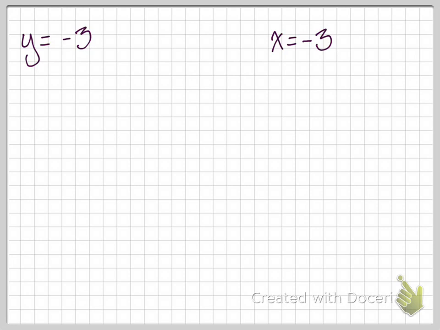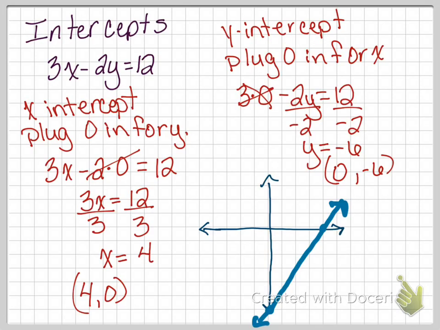Yes, ma'am? So for the answer for the intercepts, is it just (4, 0) and (0, -6)? If you were asked to graph it using the intercepts, then the graph would be your answer. If you are asked what your intercepts are, (4, 0) is acceptable, and (0, -6) is acceptable.